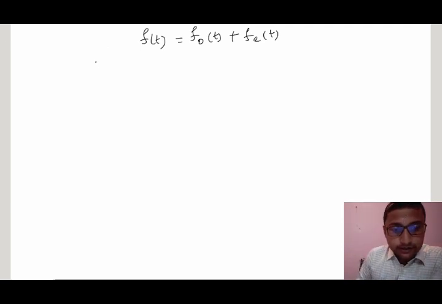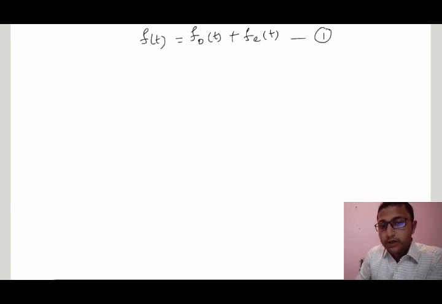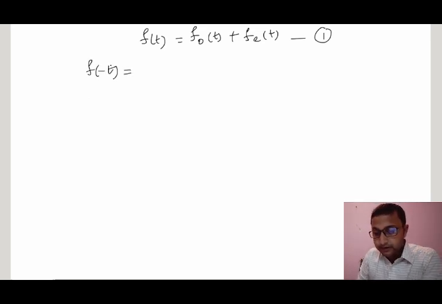Look, if we put t equal to minus t in this, equation number 1, then what will happen?